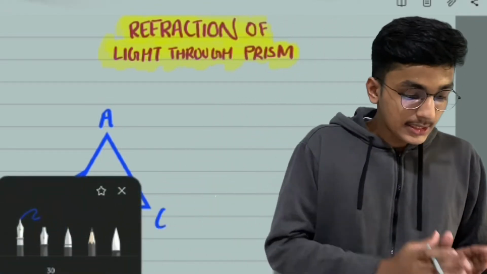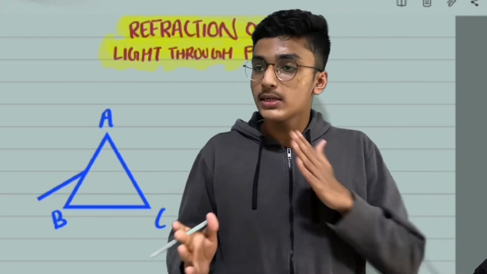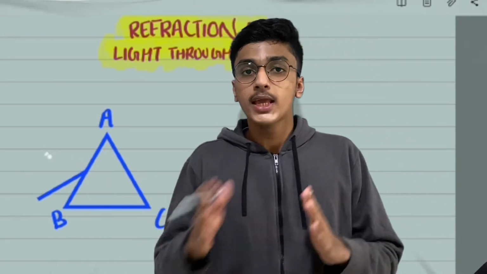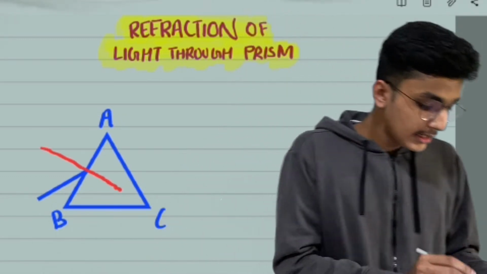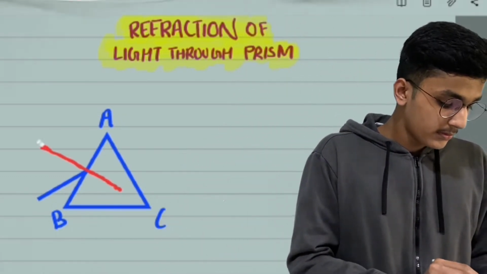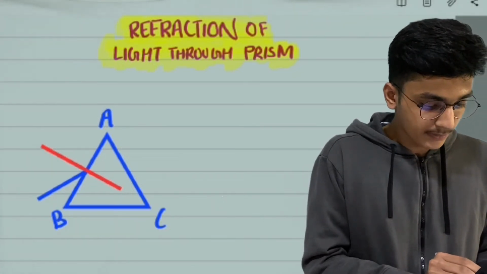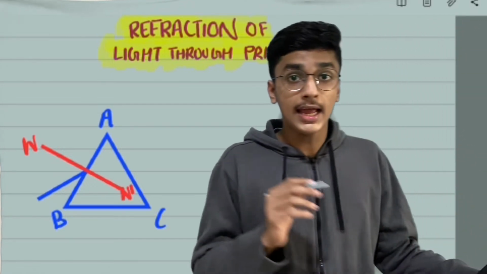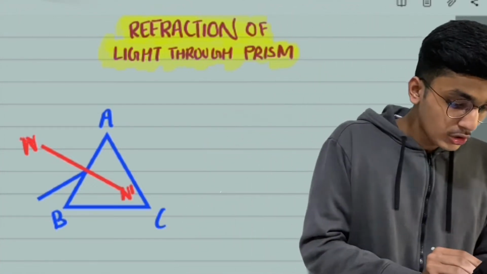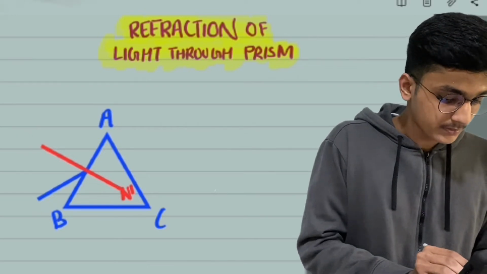When this light is incident at that point, as we have studied, it passes through the prism. For it to pass, we first have to construct the normal. So I have a normal here. Let us name it N and N1.